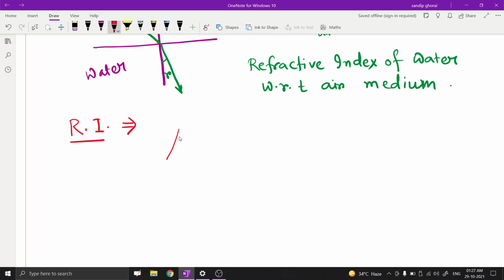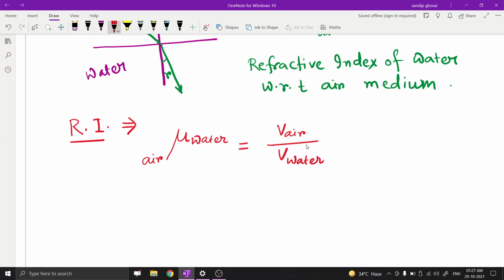If we take mu, here air and this is water, in short W, then this is equal to the ratio of the speed of light, the velocity in the air medium, divided by the velocity in the water medium.